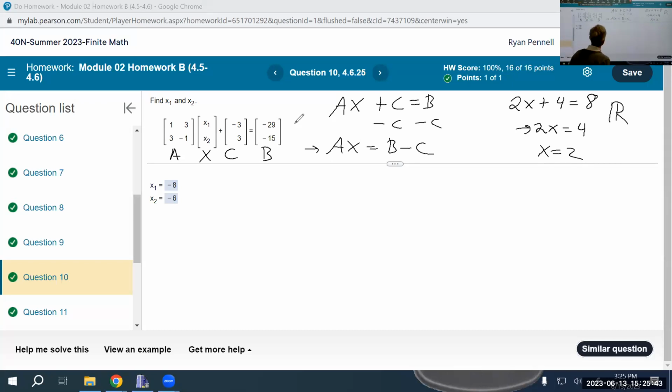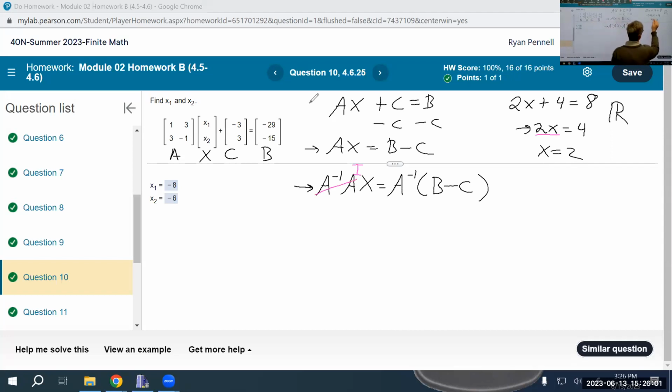So I have to multiply both sides by the inverse, and that reduces to 1, or the identity matrix, just like dividing both sides by 2 reduced to 1. Okay, so now I have a plan of attack. X equals A inverse times B minus C. Okay, so that's what I need to do.